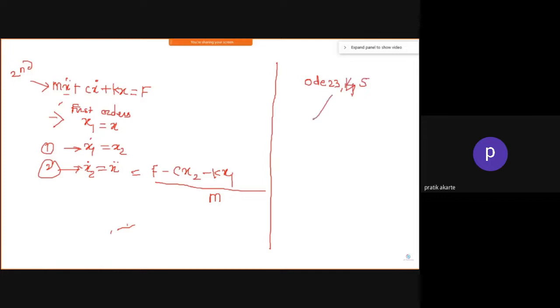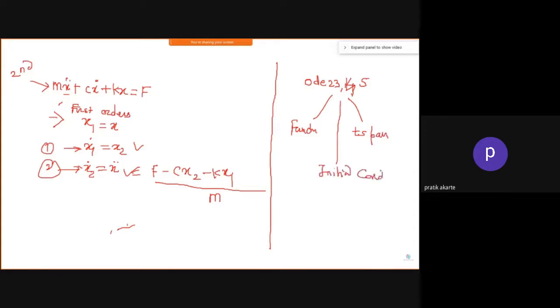For that purpose, what is to be done? I need to create a function, and that function is nothing but these two equations. Then I need to supply the time, how much time I'm going to solve for. And the third point is that I need to provide an initial condition also.